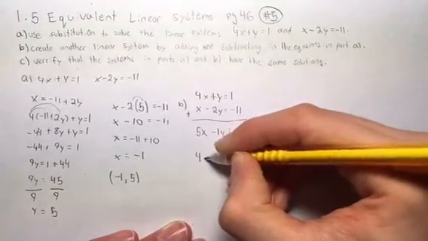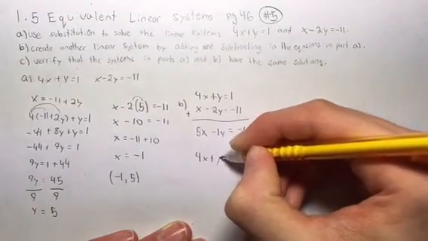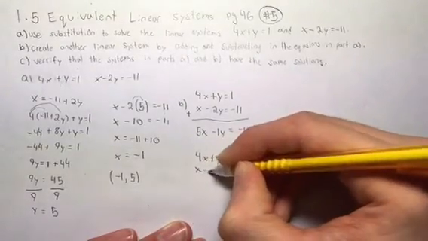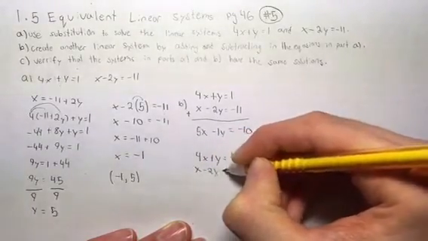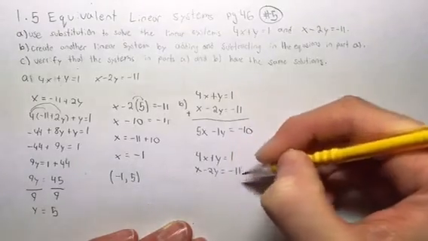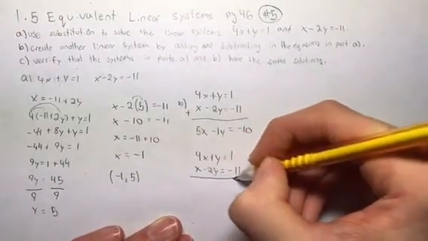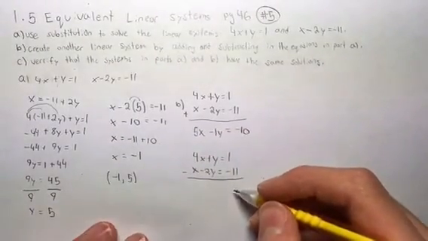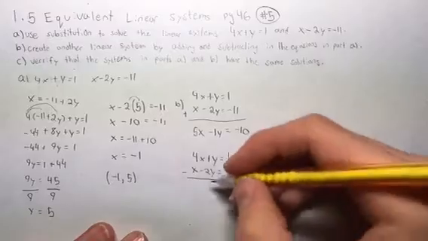So 4x plus y equals 1. And then x minus 2y, our other equation, equals negative 11. So now we have to subtract this time. So 4x minus 1x equals 3x.